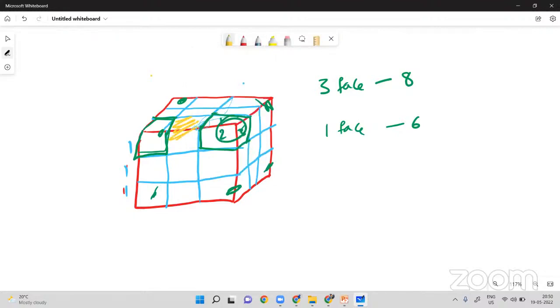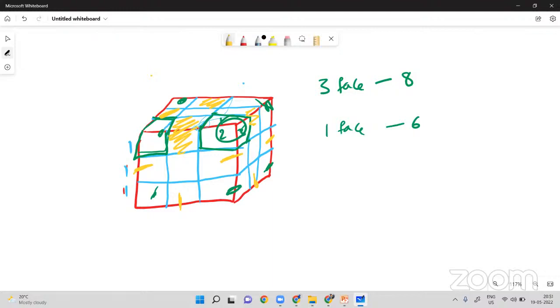This is two faces colored. 1, 2, 3, 4, 5, 6, 7, 8, 9, 10. Wait, just imagine. 1, 2, 3, 4, 5, 6, 7, 8. Is it 8?